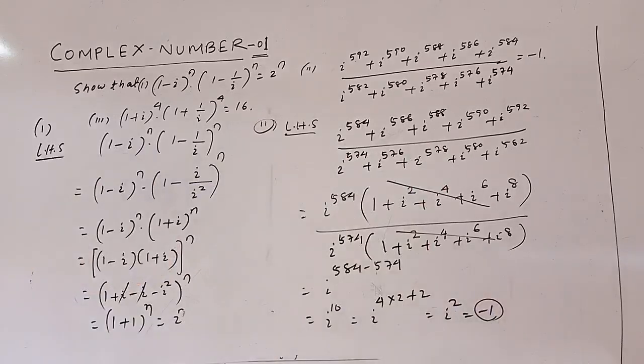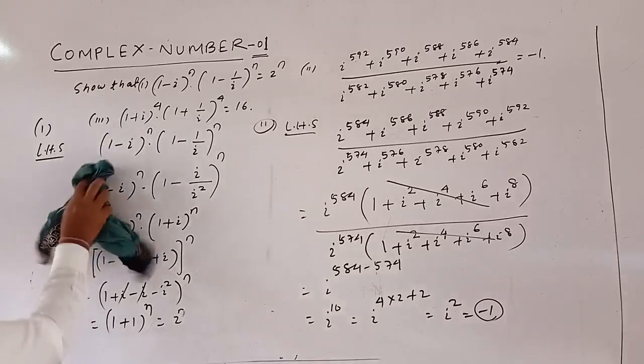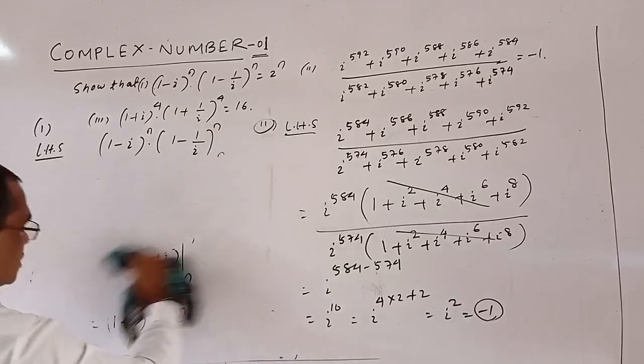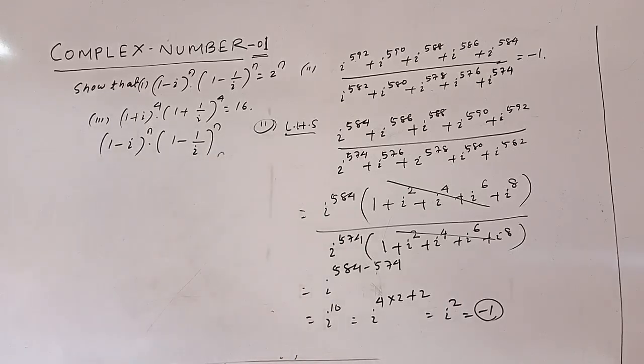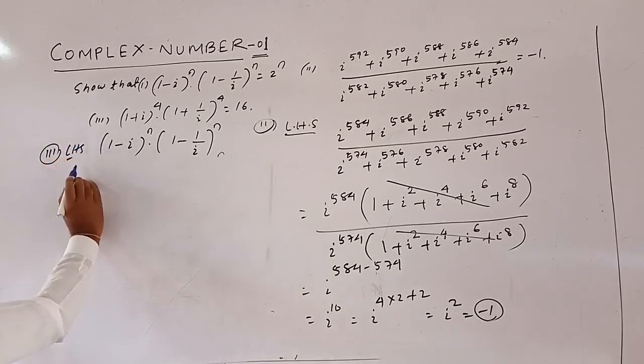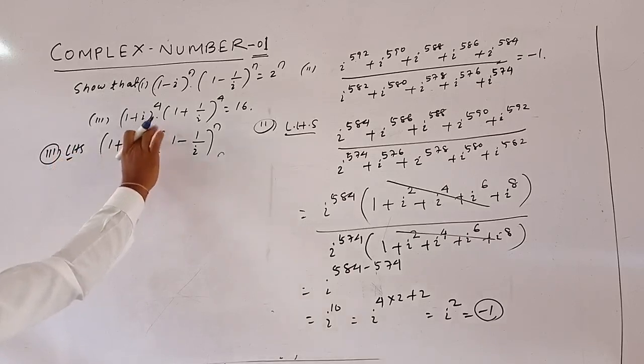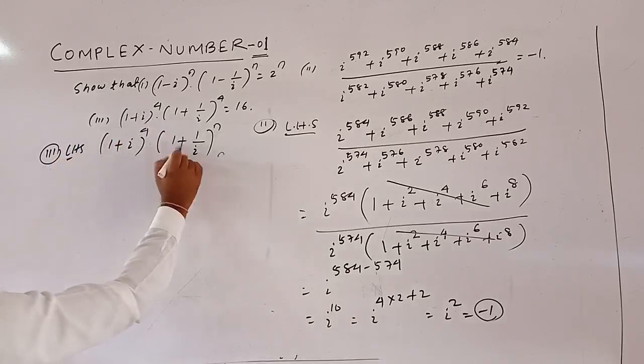Okay, next: 1 plus i to the power 4 into 1 plus i to the power 4 equal to 16. So here take the LHS part, question number 3. The LHS part is 1 plus i to the power 4 plus 1 plus i to the power 4.